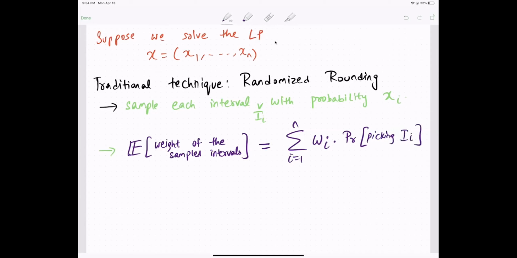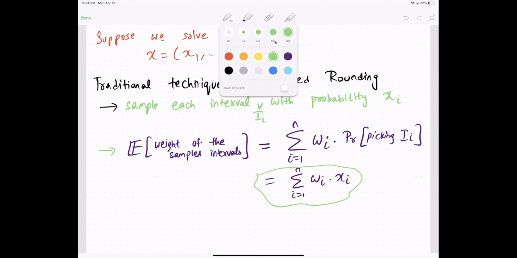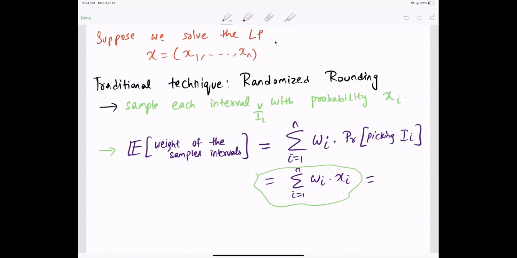And what's the probability of picking i? It's exactly xi, right? So the sum of wi xi. And what is this quantity here? This quantity here is exactly equal to opt of LP, right?